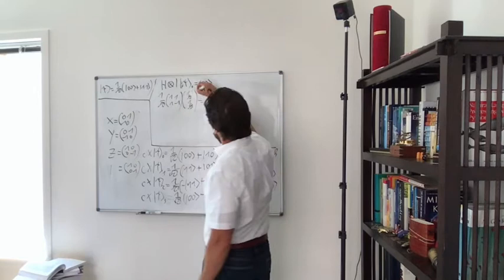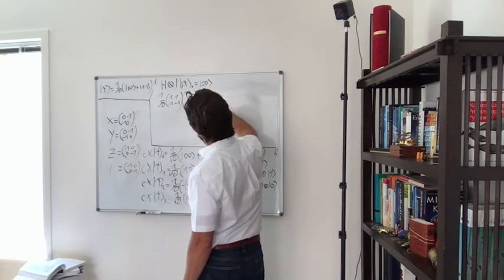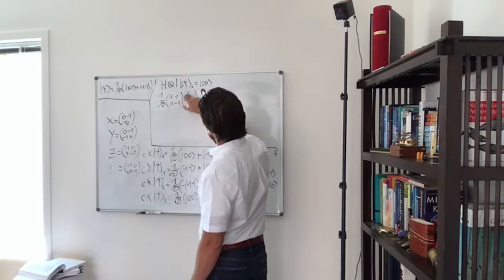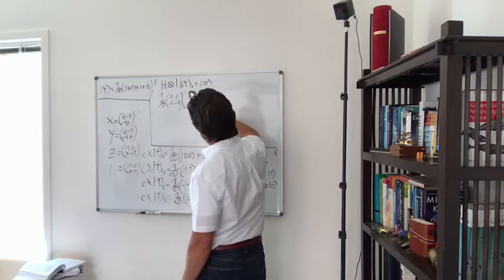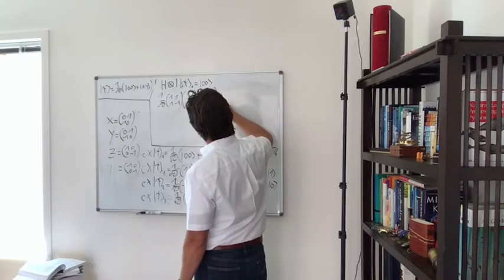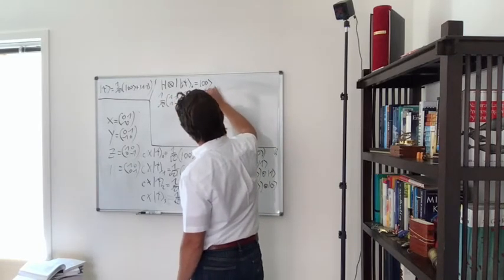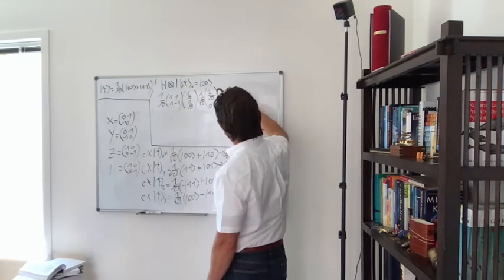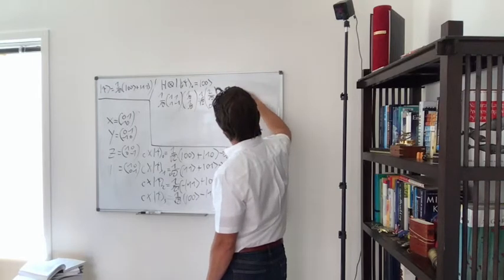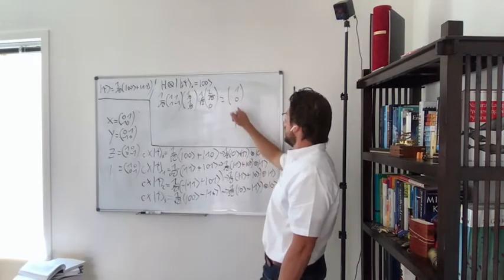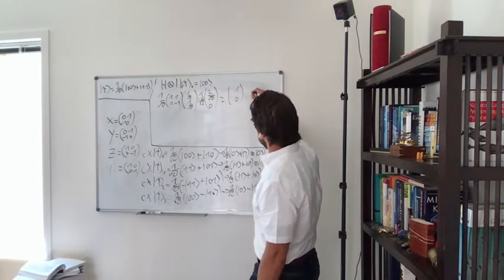We apply 1 times 1 over the square root of 2 plus 1 times 1 over the square root of 2 gives us 2 over the square root of 2. And then we have 1 times 1 over the square root of 2 minus 1 times 1 over the square root of 2 gives us 0. And then we shall not forget that we still have our 1 over the square root of 2 here. If we multiply that out, then the result is 2 over 2, which equals 1, 0. So you see the superposition state of 0 plus 1 here again becomes 1, 0, which is 0.